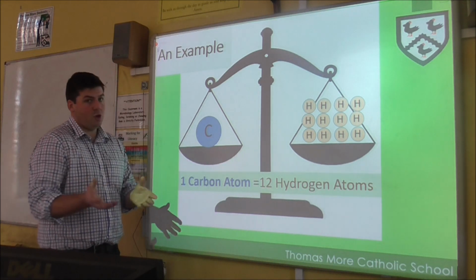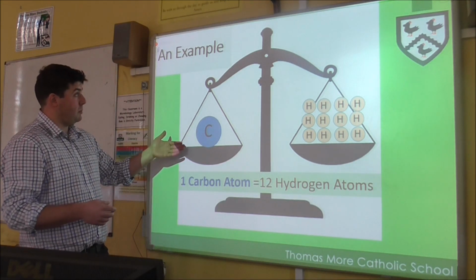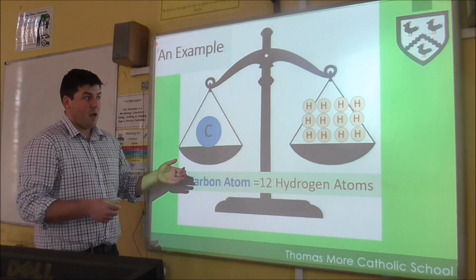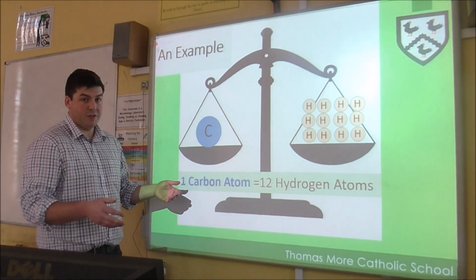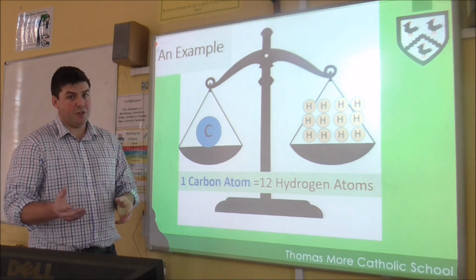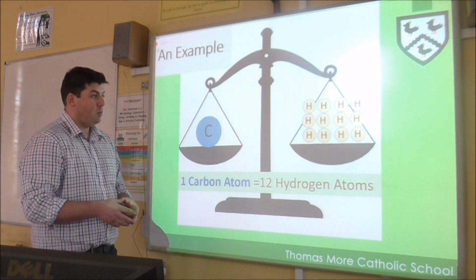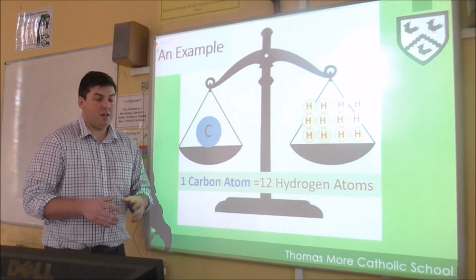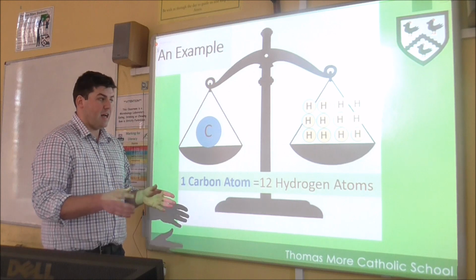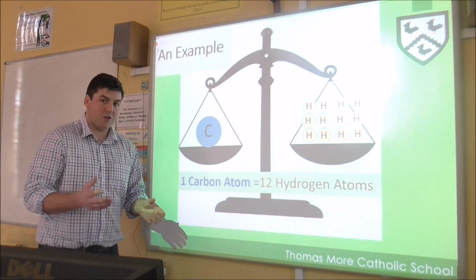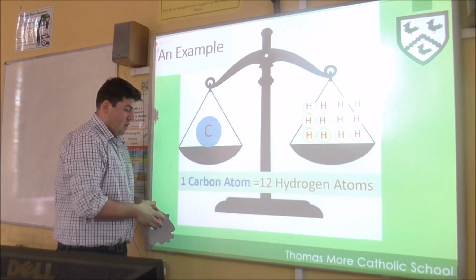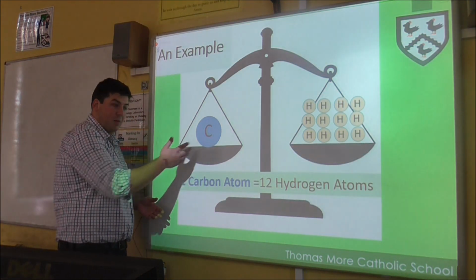Looking at your periodic table, you will notice that carbon has a mass of 12. And if you compare that with hydrogen, you'll see that hydrogen, as we know, has a mass of 1. So effectively, these two elements would be balanced on our scales if we had 12 hydrogen atoms and 1 carbon atom.